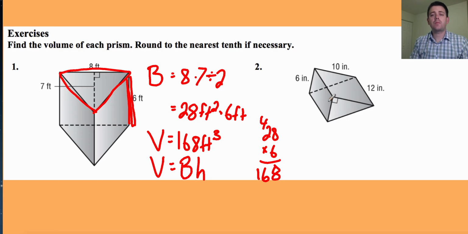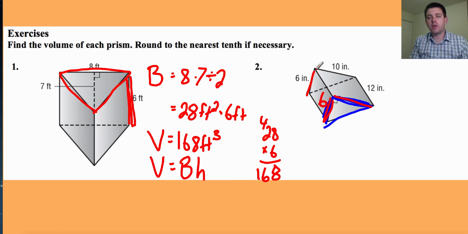Last one. Again, focus on your triangle. Always look for that right angle, because that tells you where your base and your height meet. So in this case, this bottom edge down here doesn't help me. I need this short edge here and this long edge here, because they're the ones that meet at the right angle. So this edge here matches this one back here, so it must have a measurement of 6.